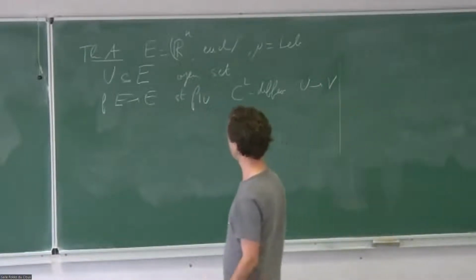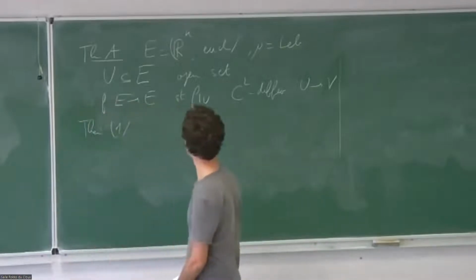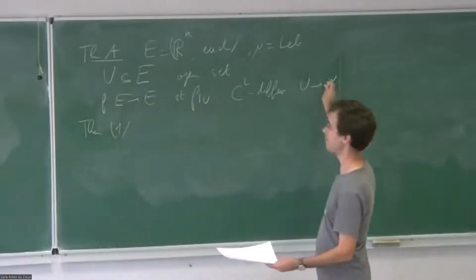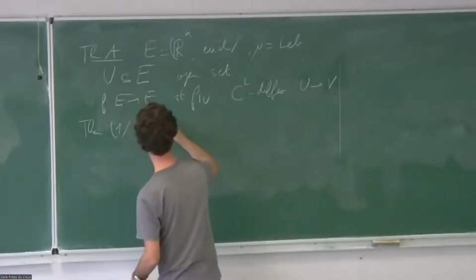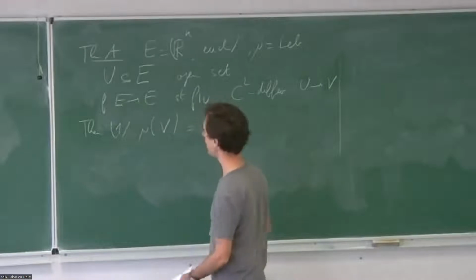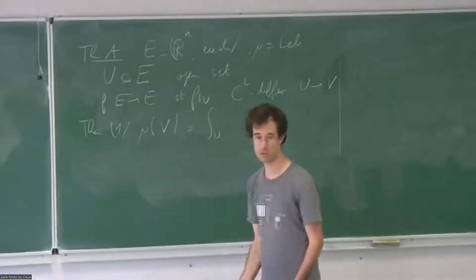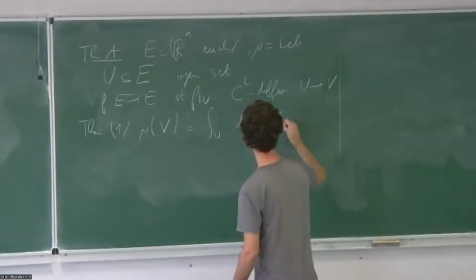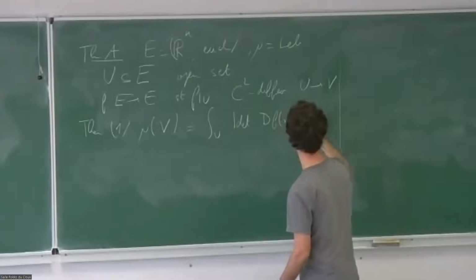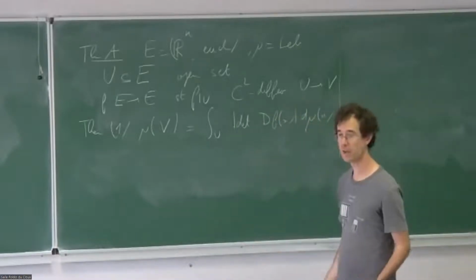And then what you have is that you can look at the measure of the image V, and you can write it as the integral over U of the absolute value of the determinant of the derivative of f at x. That's just for the measure of the image.